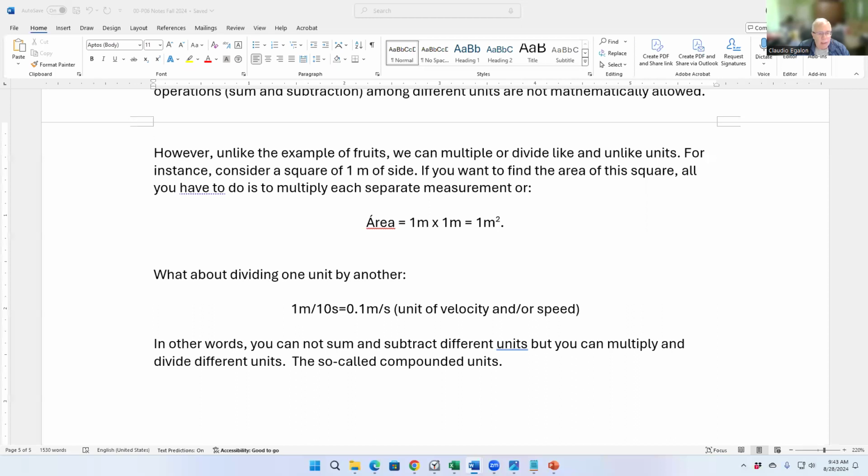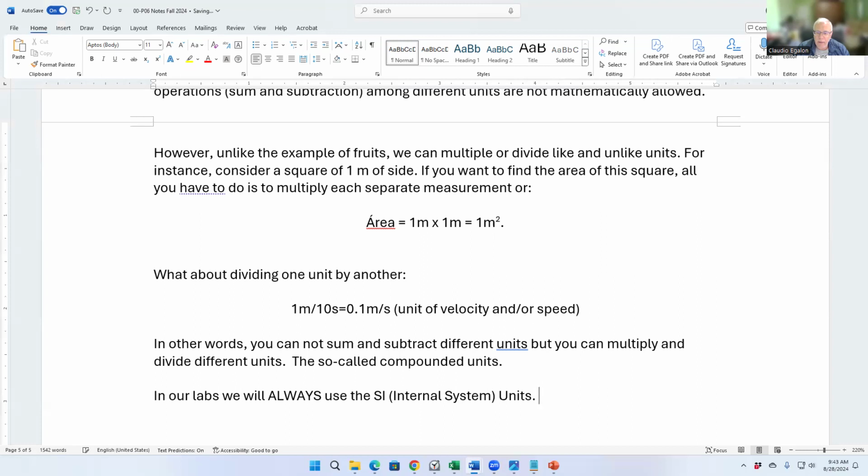Okay. In our labs, we will always use the SI, the International System of Units.